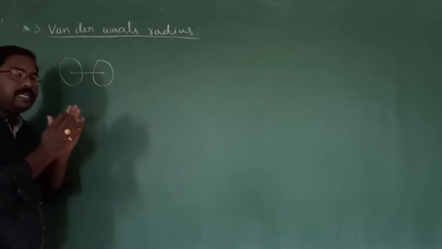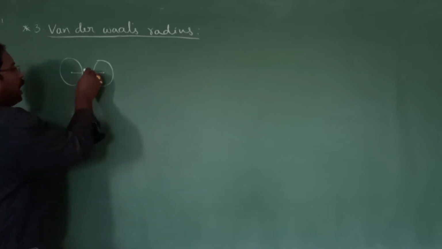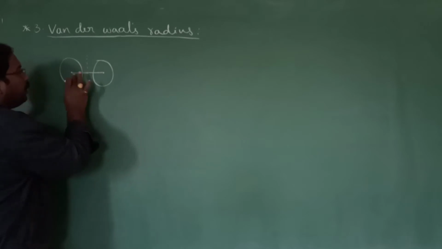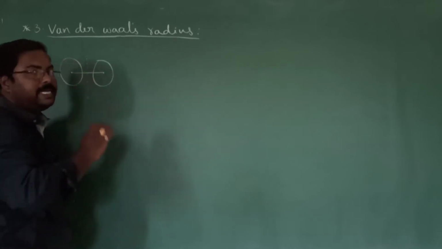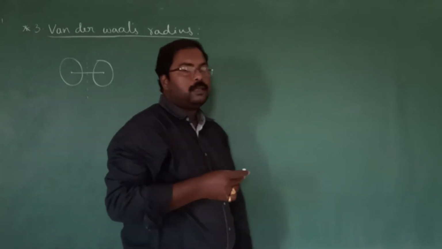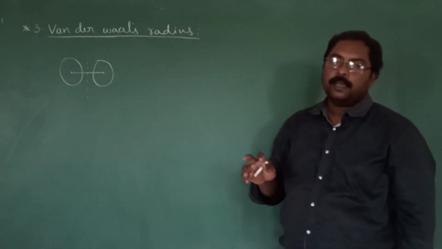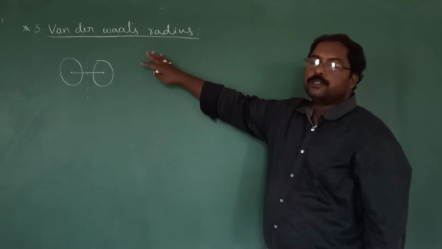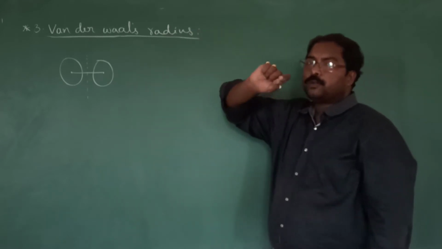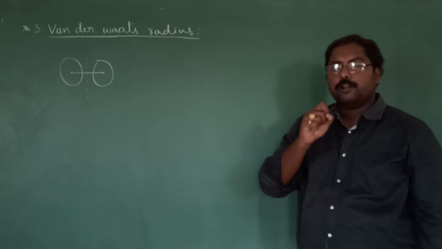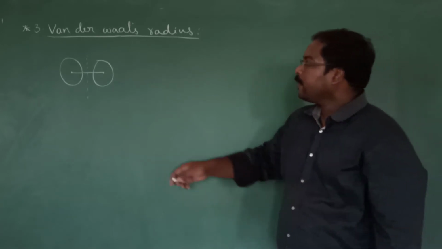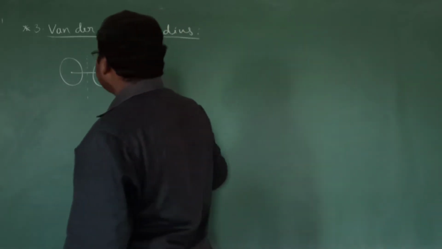So in that solid state, the half of the internuclear distance between two adjacent atoms is known as van der Waals radius. Mainly this radius is used to calculate the atomic radius of noble gases. Note down the definition.